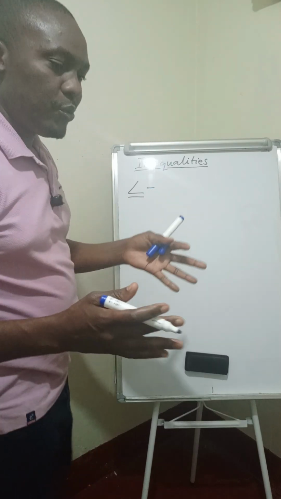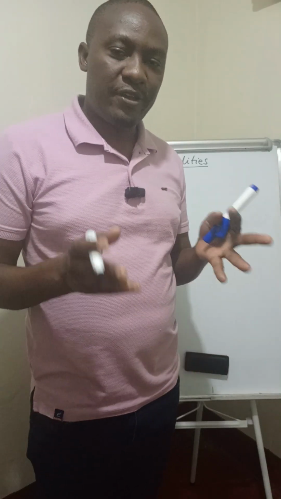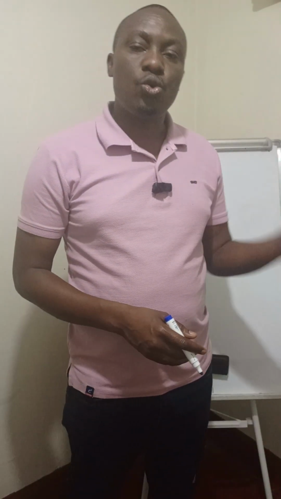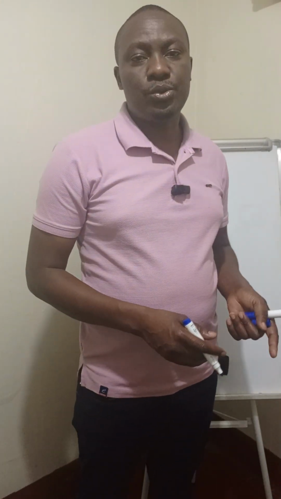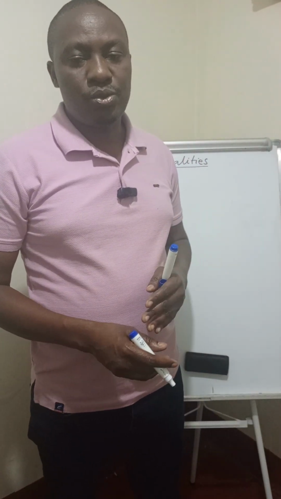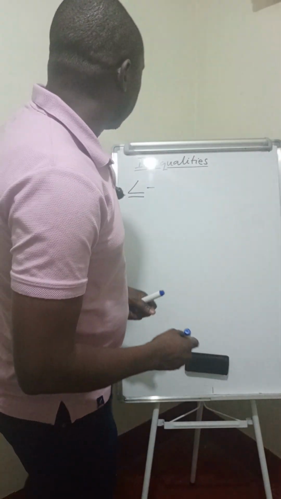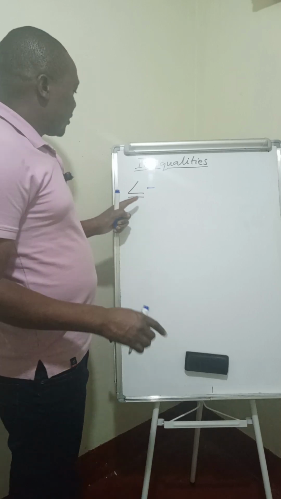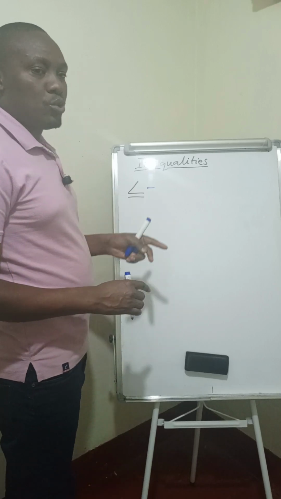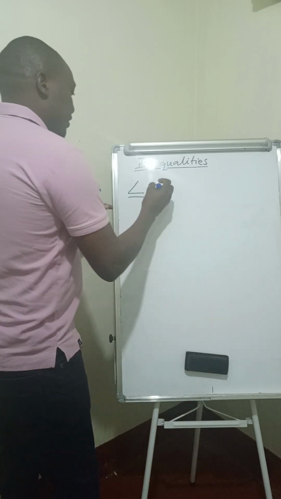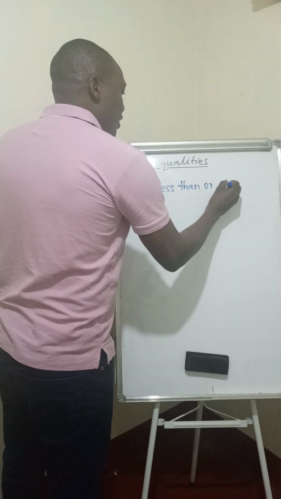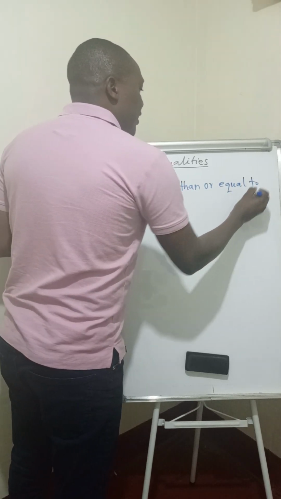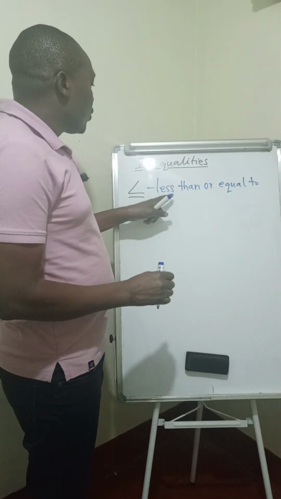How do we understand this symbol? Remember, if we say the value of x is less than, let's say, 2, the value of that unknown number x cannot be 2. It will be a number less than 2. We can talk of 1, 0, -1, -2, like that. Now, if we talk of a number which is less than or equal to a certain number, the value of that number can also be equal to it.